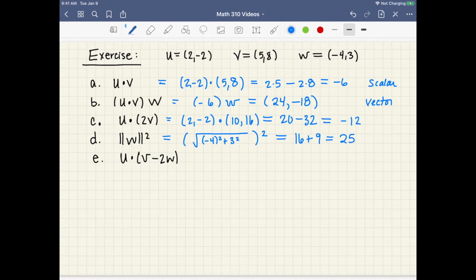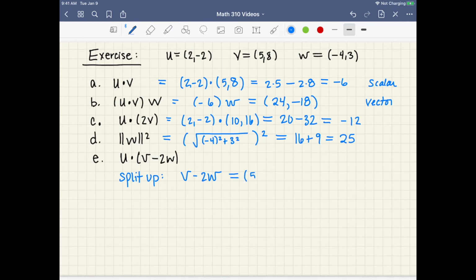And then lastly, we have u dot (v minus 2w) in parentheses. So let's split this up into two calculations. First let's look at v minus 2w. This is a linear combination of vectors.